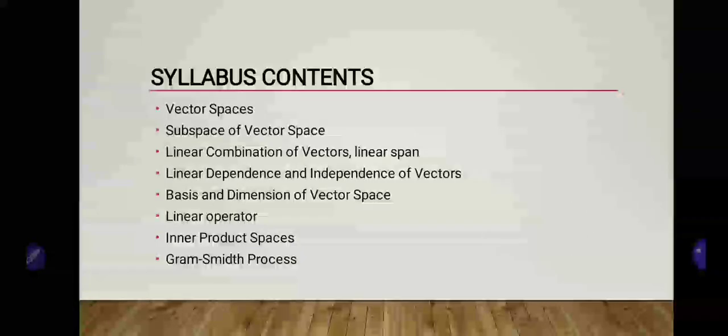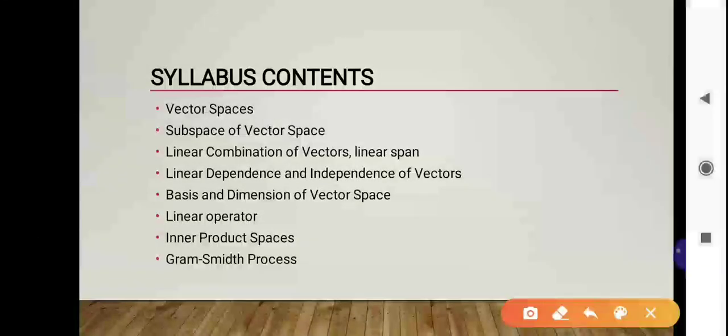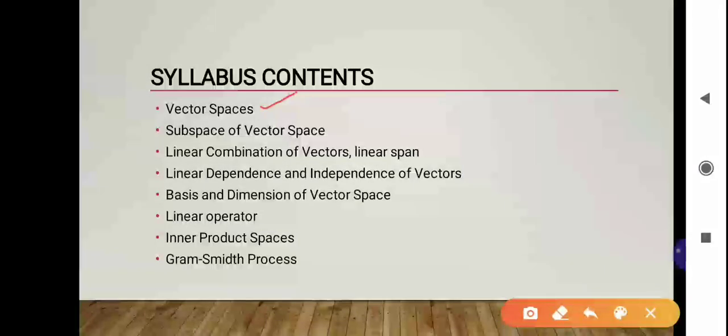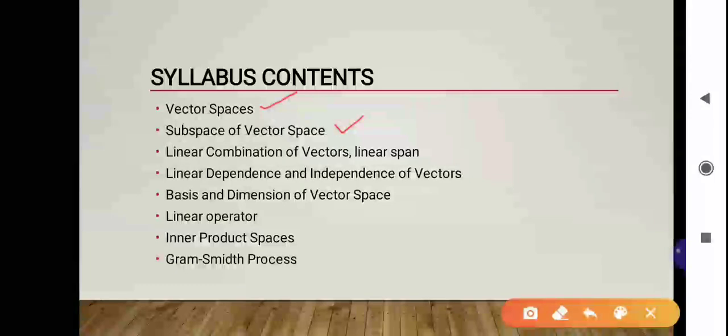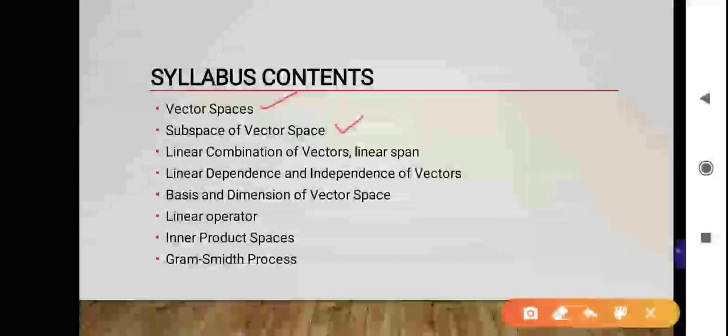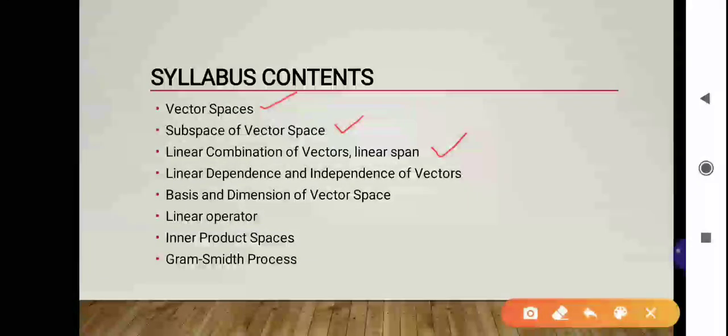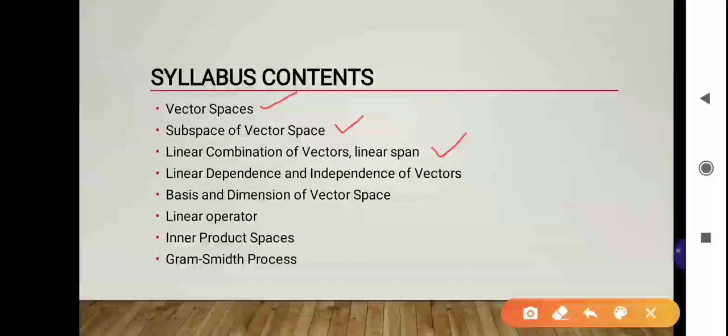First, what is the syllabus content in this unit? In this unit we are going to learn the vector spaces, then subspace of vector space, linear combination of vectors, linear span. Then we are going to learn linear dependence and independence of vectors.